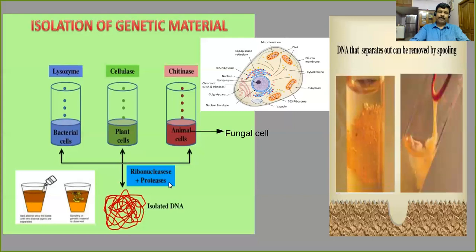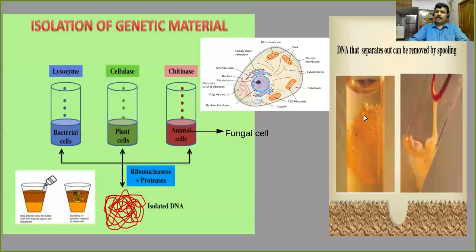Is it clear? At the end of the process, we have to add chilled ethanol. As a result of the entry of chilled ethanol, what happened? The DNA molecule will be precipitated in the form of thread-like structures. Is it clear? This is also the diagrammatic representation of a precipitated DNA after addition of chilled ethanol.